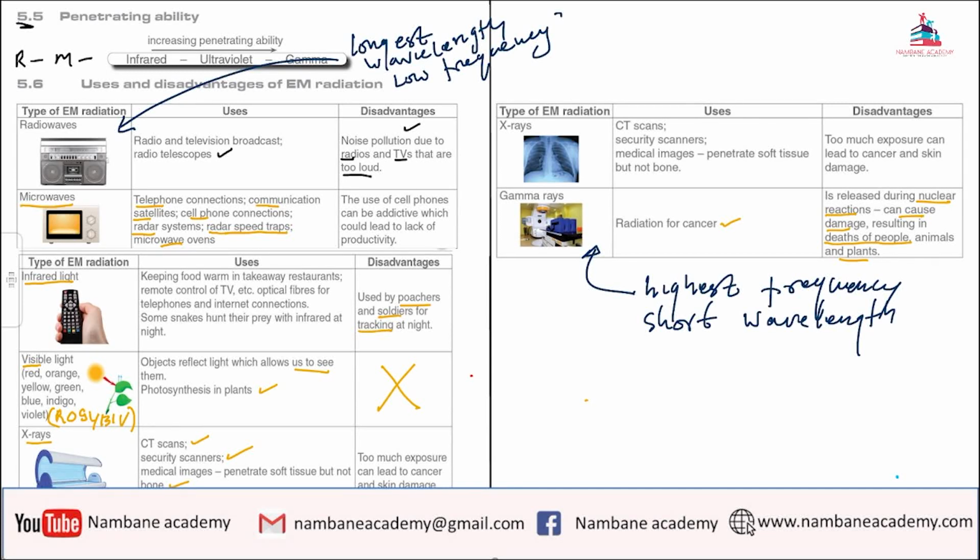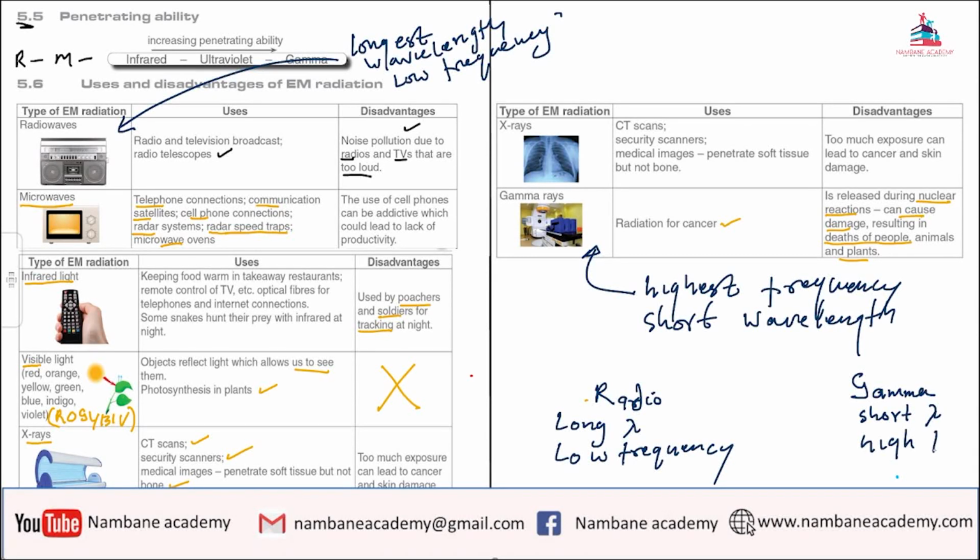So when you move from radio waves, let's write it in this manner. Let's have R and let's have G. R is for radio, and G is for gamma. We say long wavelength, low frequency, and we say short lambda, high frequency.